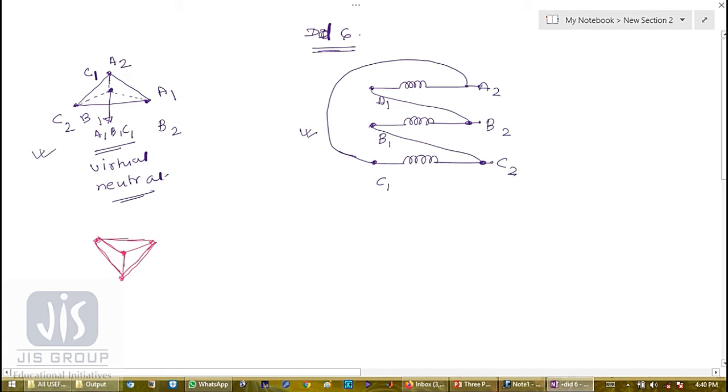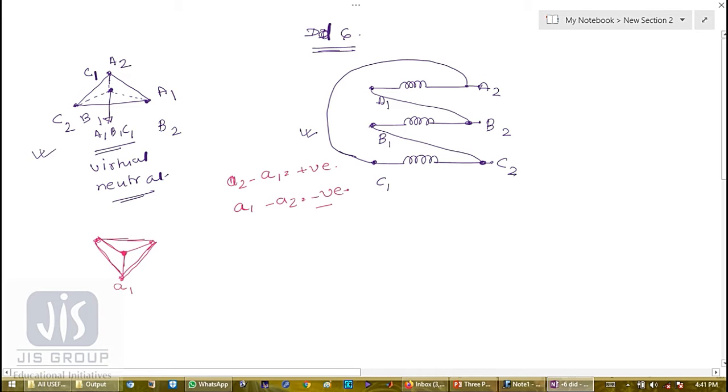Okay, so now what will happen? This is my small a1, because I have discussed a2 a1 is positive star connection, so a1 a2 is negative, 180 phase shift.